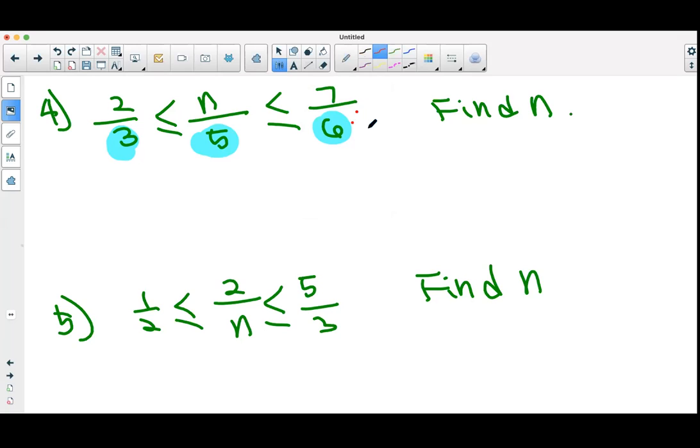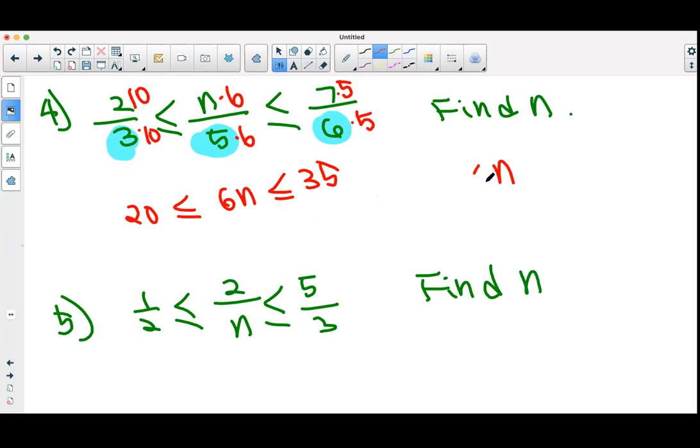We multiply top and bottom by 5, by 6, and by 10. Then I get 20 is less than or equal to 6n, which is less than or equal to 35. So I can divide by 6. Then n has to be greater than or equal to 10 over 3, but less than or equal to 35 over 6. We got that.